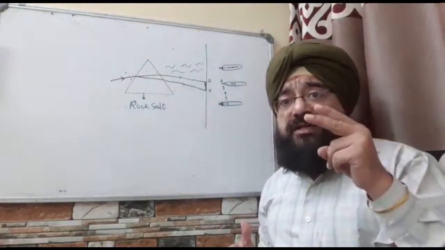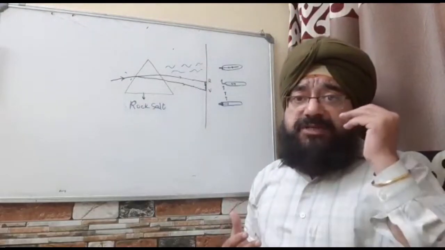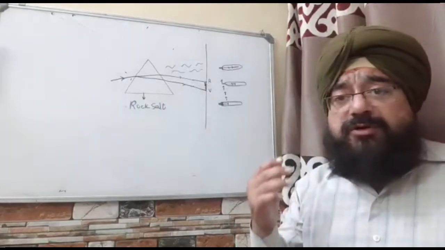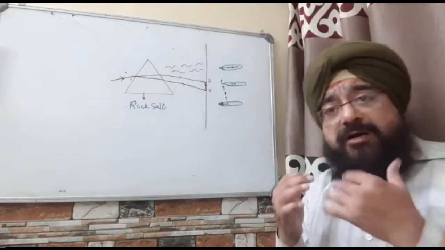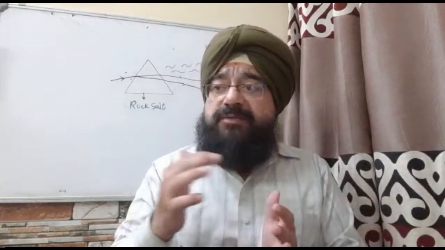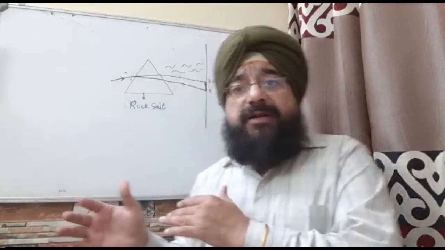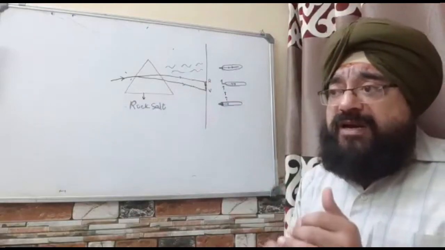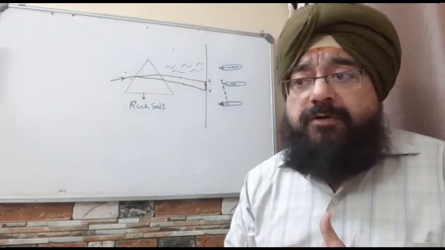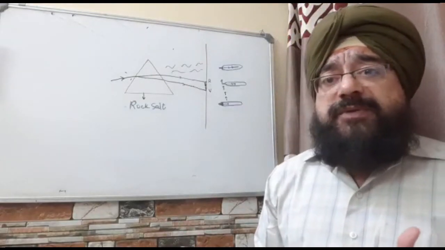Two uses and two properties must be there in your mind. When you are naming the properties of the ultraviolet radiation, please don't name that they travel with the same speed as that of light, that is 3 x 10^8 meters per second, or that they are reflected and refracted, as these are properties common to all the electromagnetic spectrum.